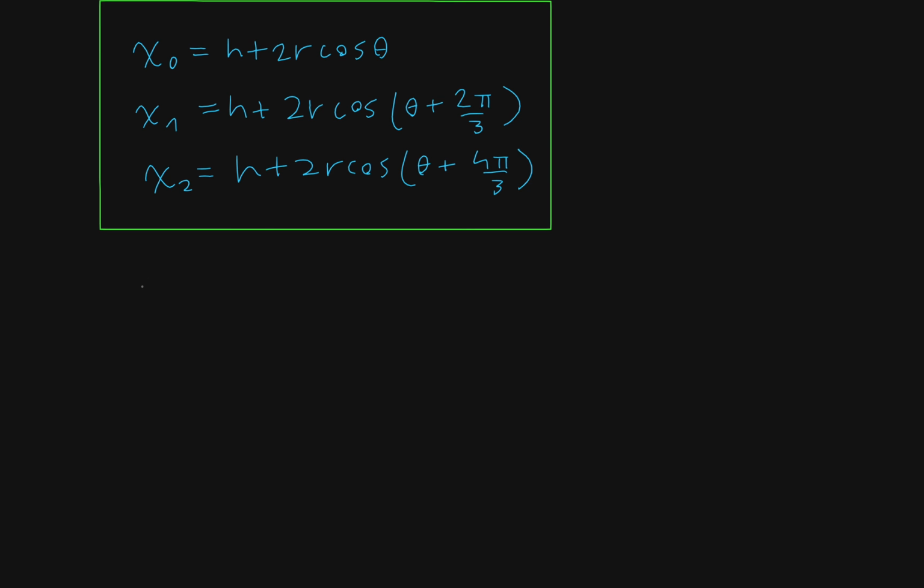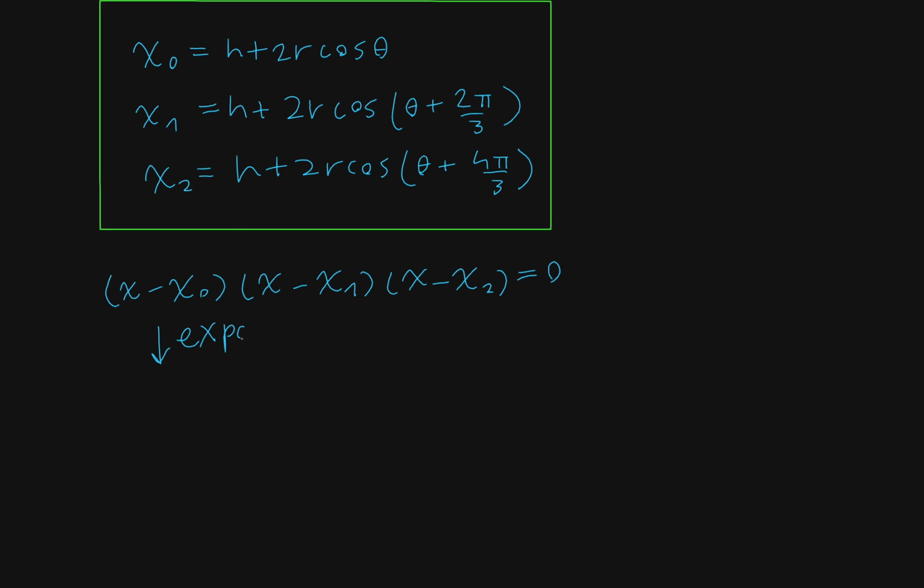So we're going to have x minus x0, then x minus x1, and x minus x2 equals 0. Everything is a sum here, and there's cosine of the sum of two angles, so this is going to get very messy, but I'm just going to tell you what you get after you expand it.